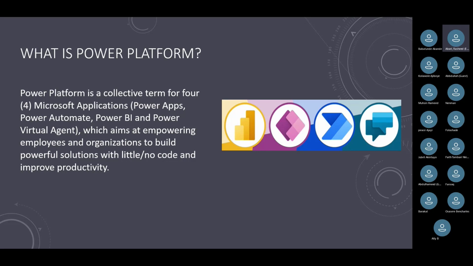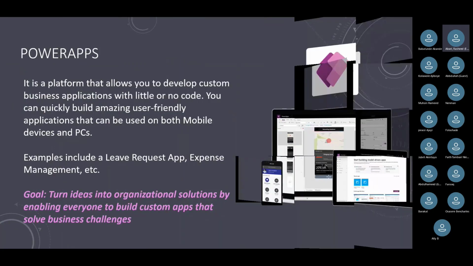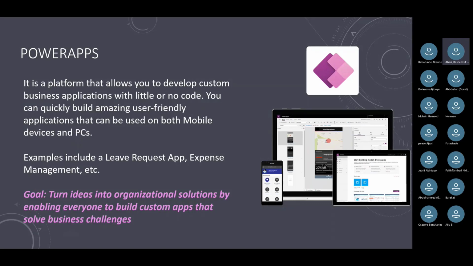So that's how Power Platform came about. Just like I mentioned, there are four of them, which we will go into in detail one after the other. The first one is Power Apps. Power Apps helps you develop custom business applications with little or no code.